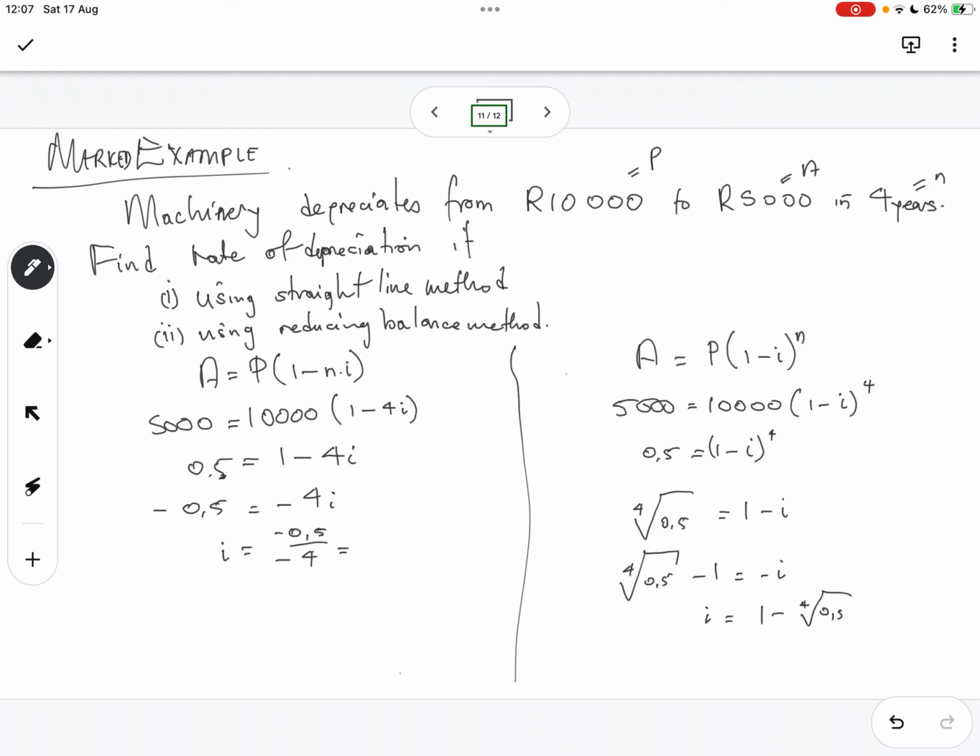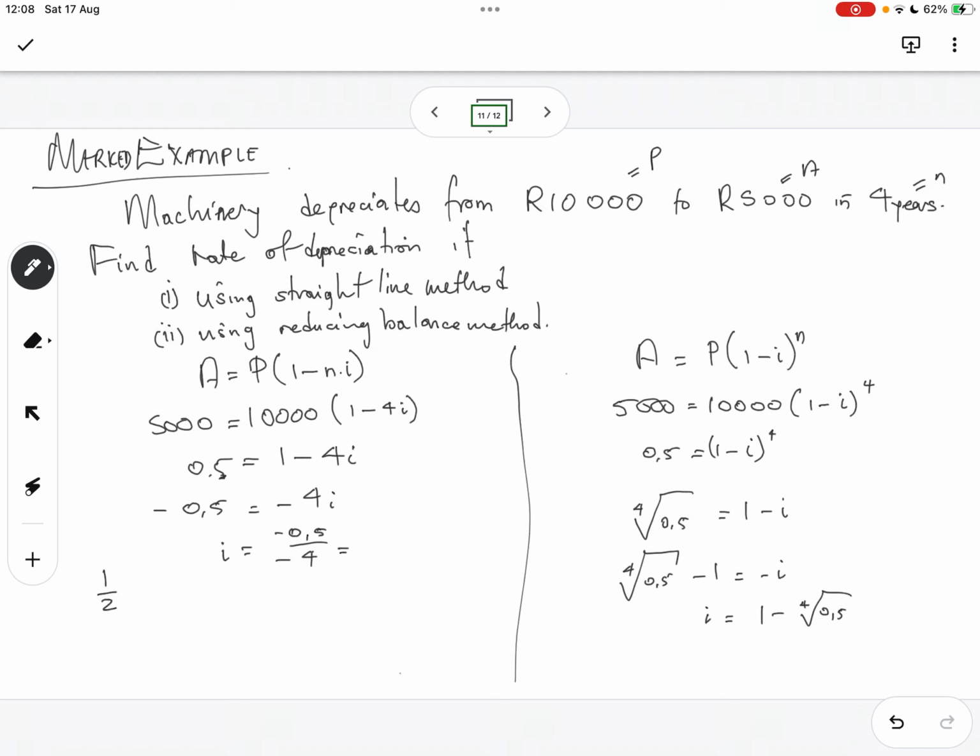We divide by negative 1 on both sides, so we'll have i equals 1 minus the fourth root of 0.5, which should be positive, because the square root of half is much smaller than 1, so the fourth root of half should be much smaller than 1.